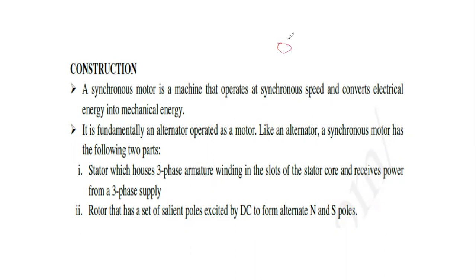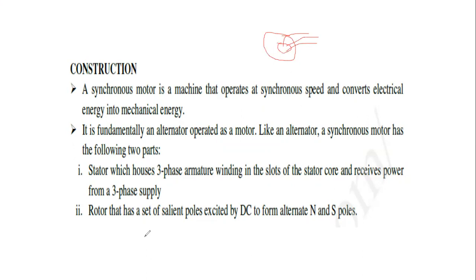This is the stator and this is the rotor. The three-phase AC supply is given to the stator armature winding. We have a number of slots, and in those slots we have the stator core, which receives power from the three-phase supply.